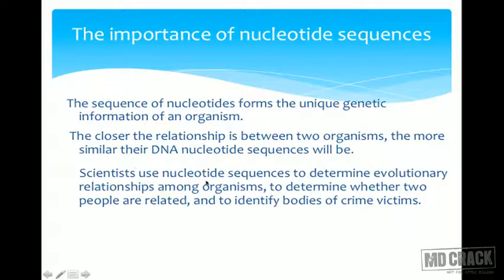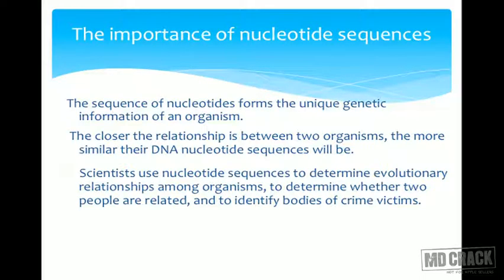Now, scientists use this nucleotide sequence to determine evolutionary relationship among organisms, to tell which organism has evolved from which, and to determine whether two people are related. I think we all know about forensic science. To determine whether two people are related, for example in a paternity dispute, where we want to say that a person is the son or the daughter of a particular father, we can do DNA sequencing.